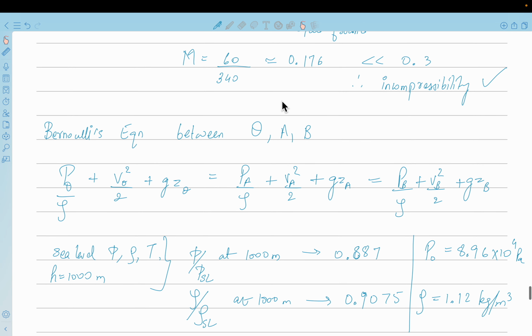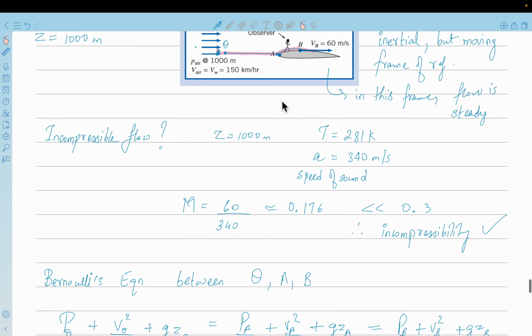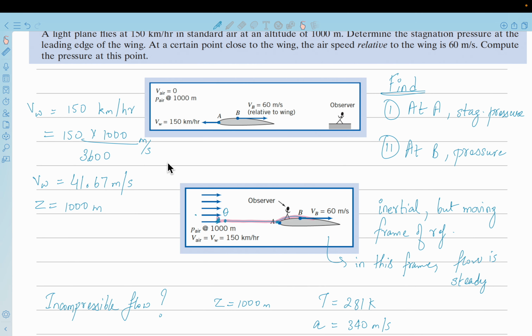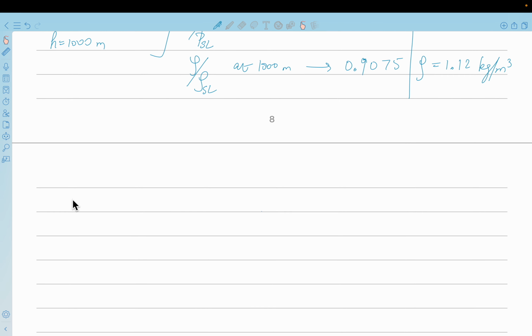Now what can I say about PA and VA? So remember, we have to find the stagnation pressure at A. What is stagnation pressure? This we have seen in the previous tutorials. Stagnation pressure is nothing but your static pressure plus dynamic pressure, right? And static is P, dynamic is half rho V square.